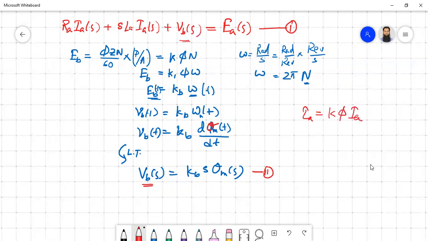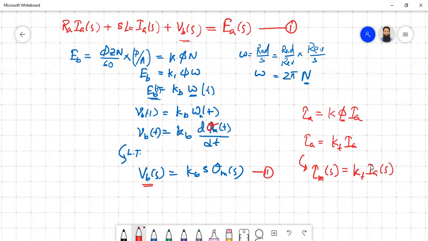Phi is also constant, so we can assume that tau equals Kt Ia. These are all constants. According to the circuit we are discussing, this is nothing but your Tm, and in the Laplace domain it will be something like Kt Ia(s).